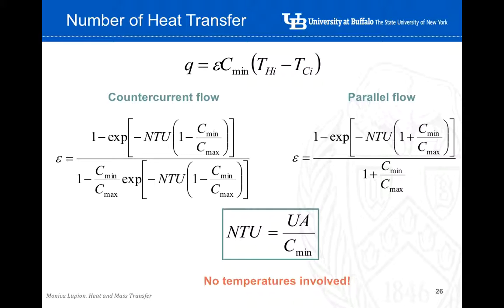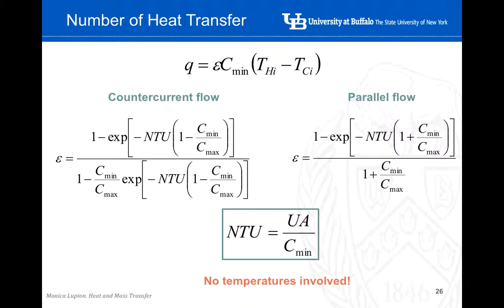If you take a look at the different parameters and variables involved, you might realize that there is no temperature involved in the definition of the efficiency. Only the capacity of the heat exchanger, which is related to the flow rate and the thermal capacity.